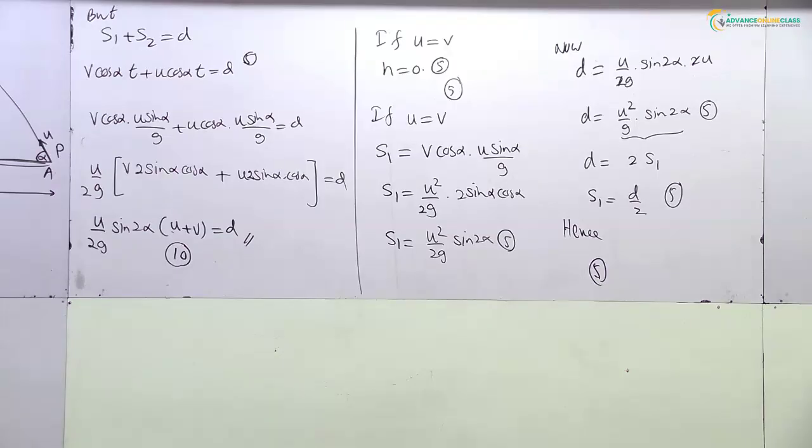The next one, question number 4. The framework shown in the diagram consists of 4 equal light rods this way.